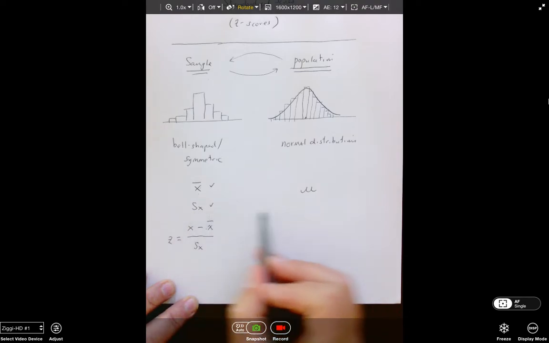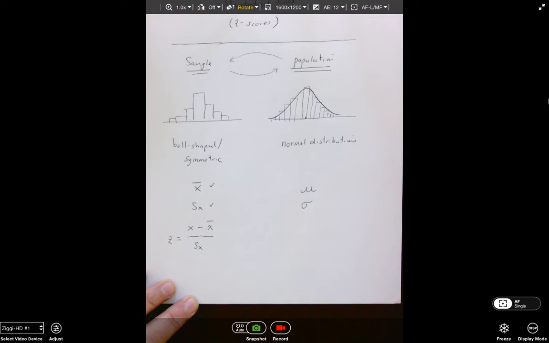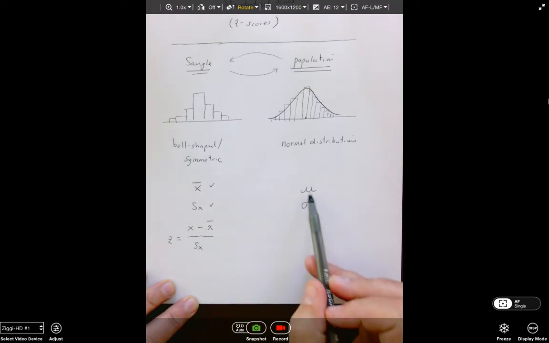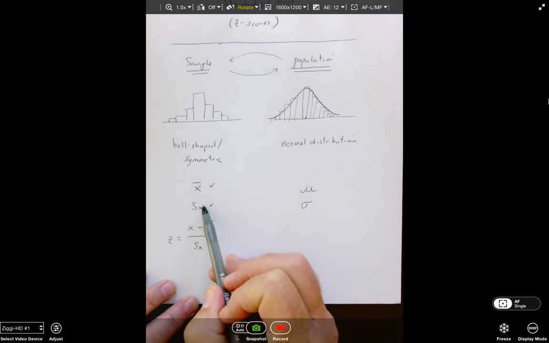The corresponding notation for standard deviation in a population is sigma. So this is a population mean and population standard deviation.